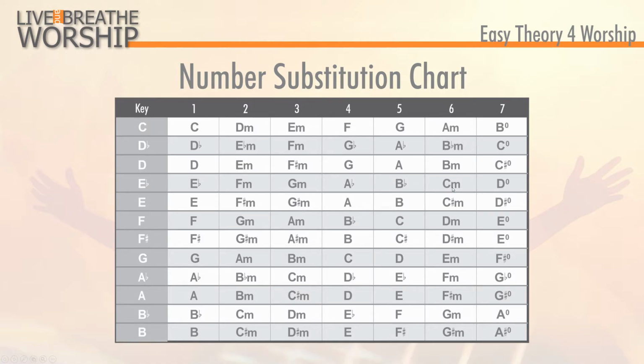The 6 chord in the key of A is F sharp minor. So you can use this chart to help you substitute, to transpose, but also it gives you a reference on what the numbers are for each particular key. There's the 12 keys there.